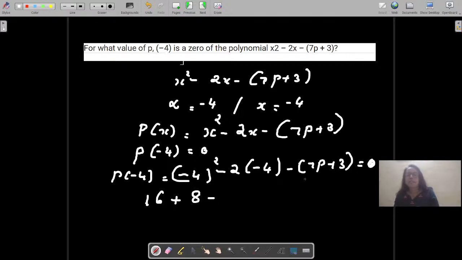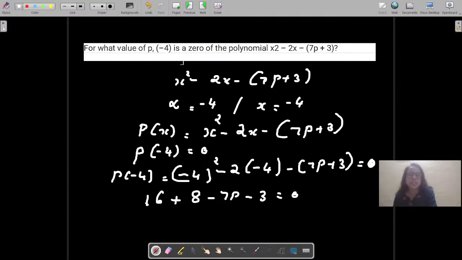Minus 7p, that is minus we are given as the outside sign, common sign is negative. Inside the bracket is 7p plus 3, so negative into positive is negative 7p, and negative into positive is negative 3 is equal to 0. Right, children? That is 16 plus 8 minus 7p minus 3 is equal to 0.